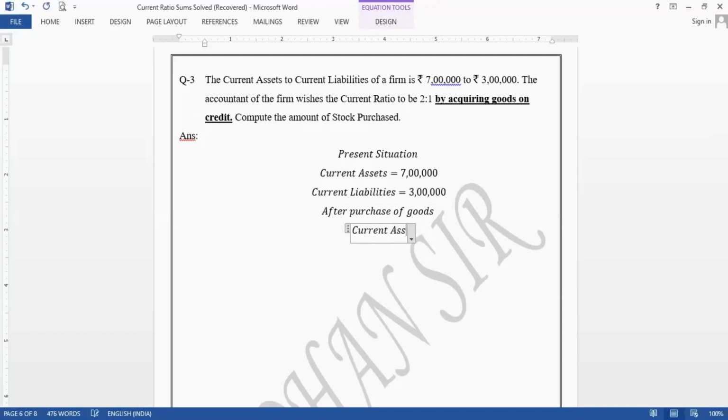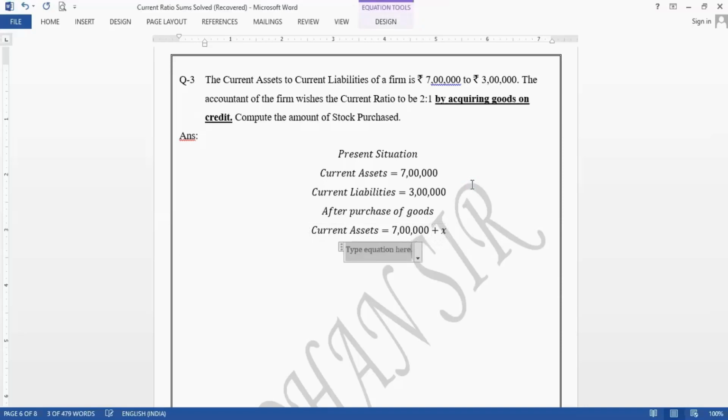Let us assume the goods purchased be X, right? So after purchase of goods, current assets increase by that amount of X. That is what I have assumed.